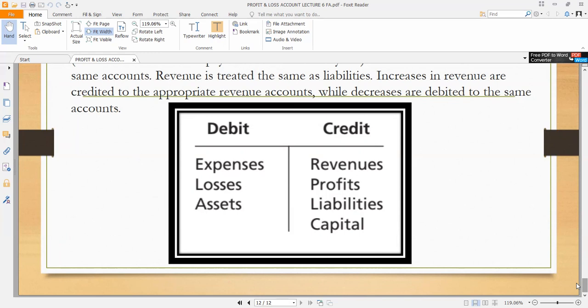However, the secret to this topic is knowing which entries are expenditures or liabilities, which ones are assets, and which ones are debits and which are credits. If you understand those, you'll be able to enter all the appropriate accounts, balance up, and form your profit and loss account.